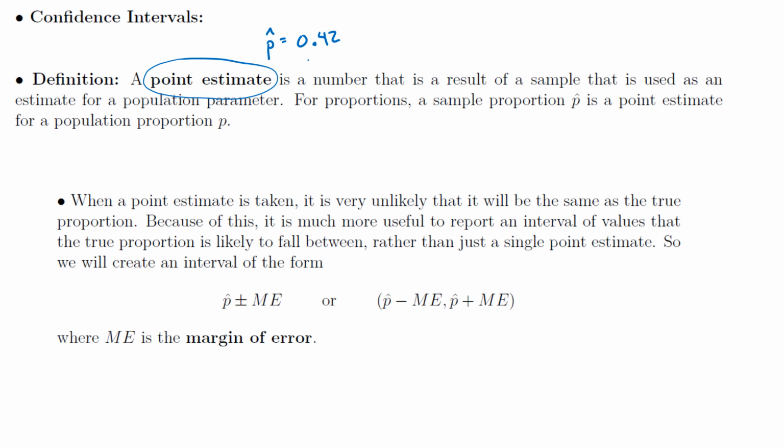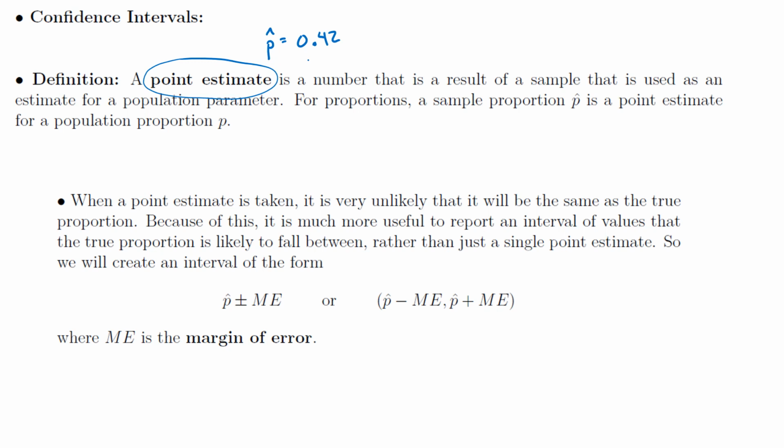Now, the candidate and us understand that it's very likely that 42% is not the actual percentage of votes that the candidate is going to get. Not only that, but it's probably not even the exact proportion of potential voters who at this moment are going to vote for the candidate.